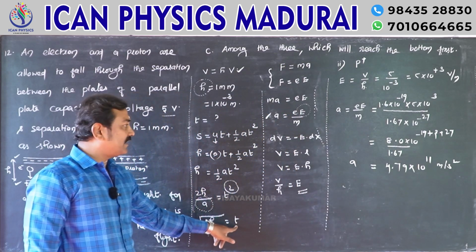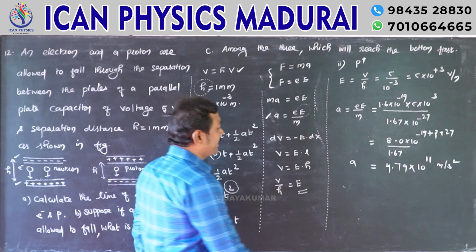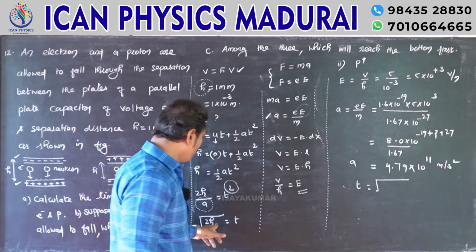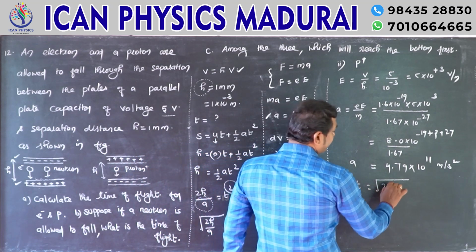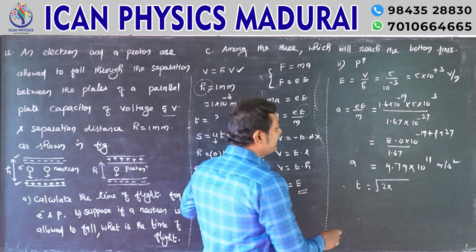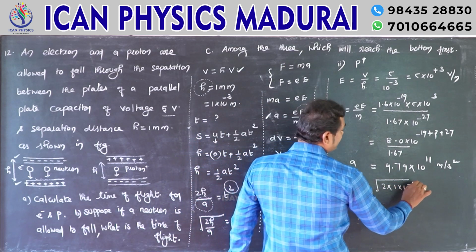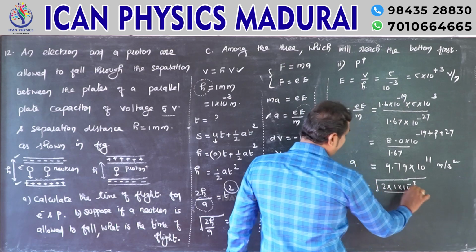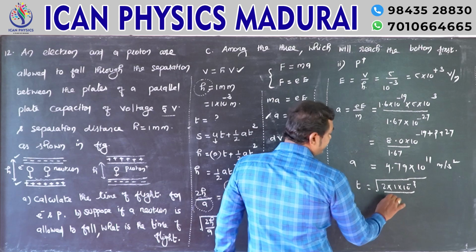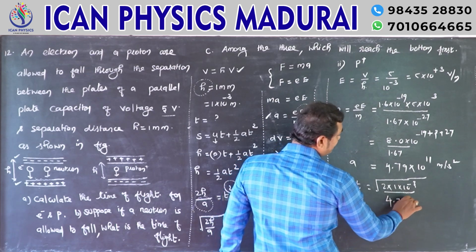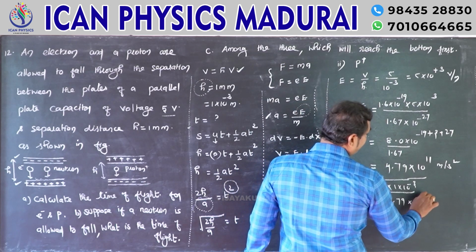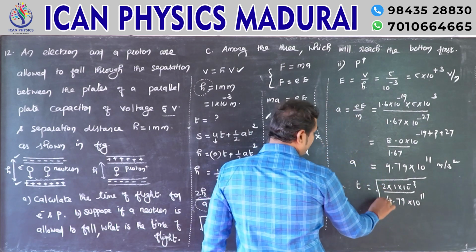By using that, we can calculate the time of flight of proton. So T equal to square root of 2 into H, where H is 1 into 10 to the power minus 3, divided by acceleration, 4.79 into 10 to the power 11.